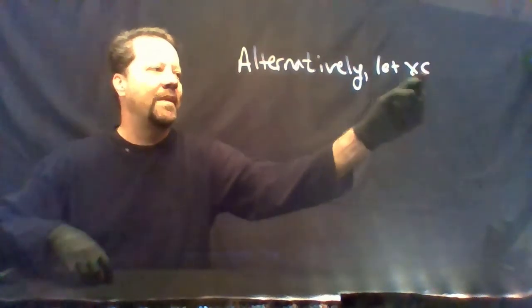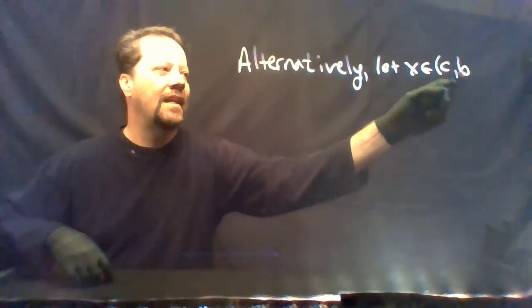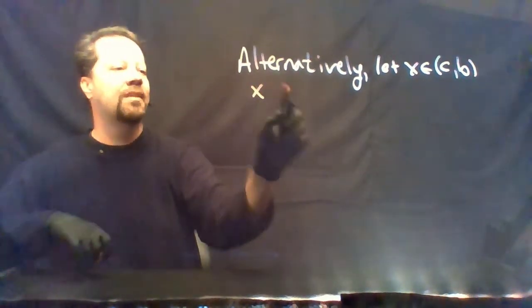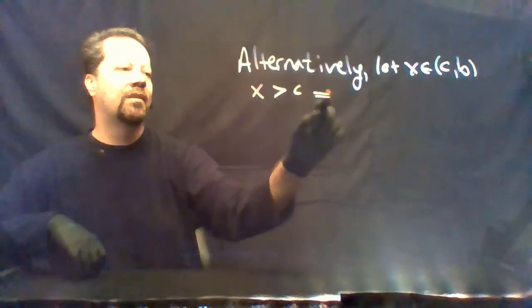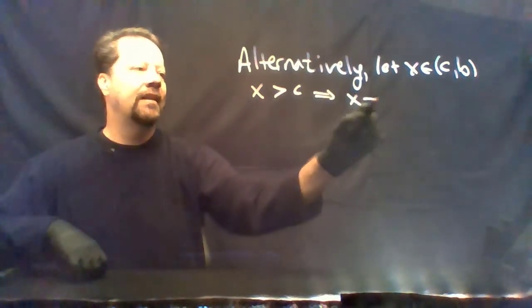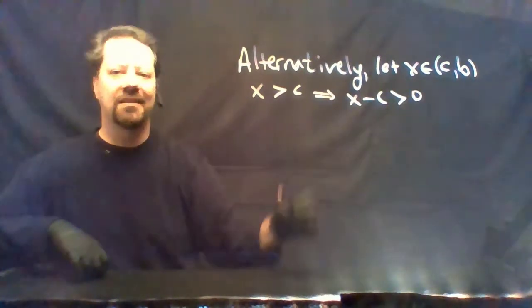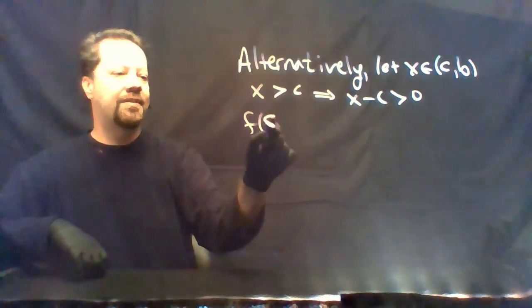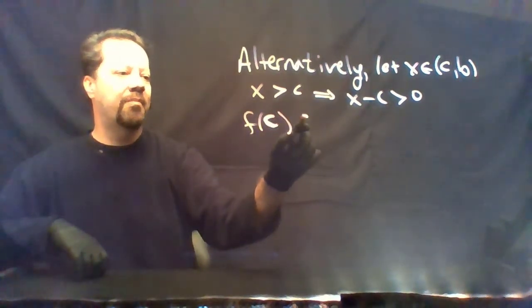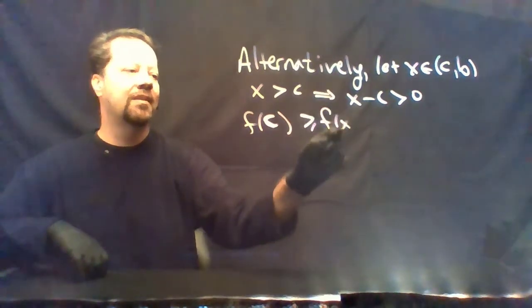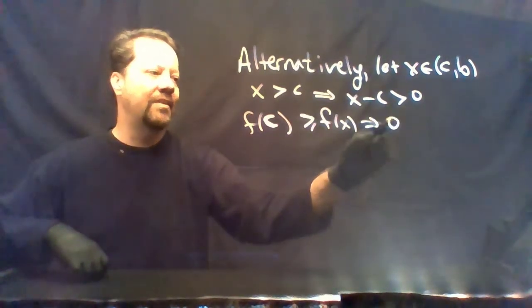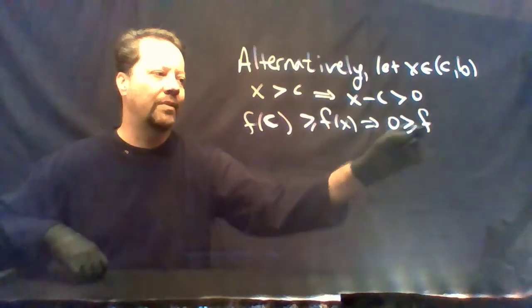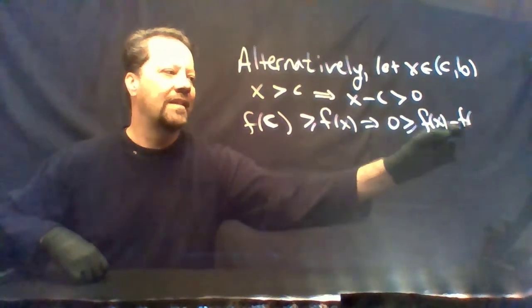let x be an element of the interval from c to b so that x is bigger than c, which implies that x minus c is positive. We still have f of c is bigger than or equal to f of x, and that implies 0 is bigger than or equal to f of x minus f of c.